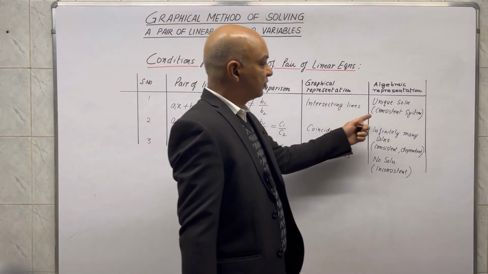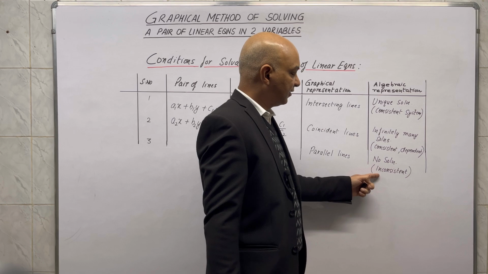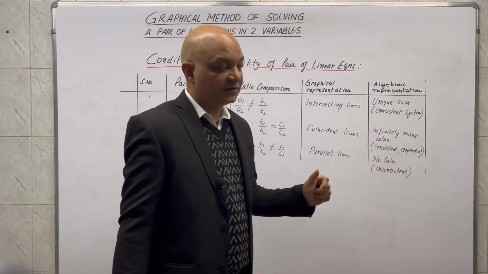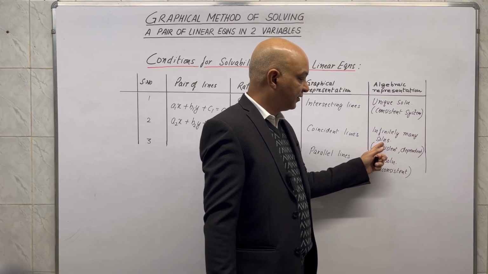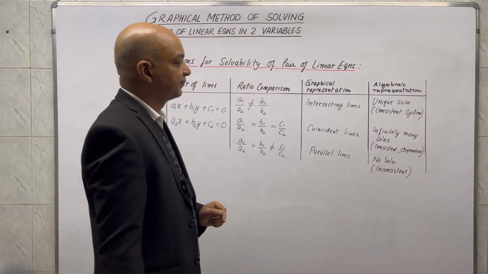So in the first two situations, we have a consistent system, whereas in case of no solution, we have an inconsistent system. Also, in case of infinitely many possible solutions, we have a dependent system of equations.